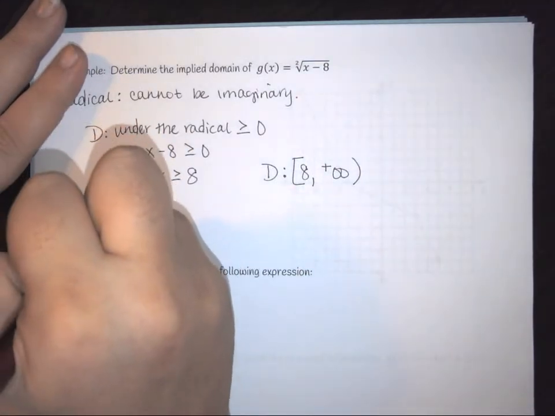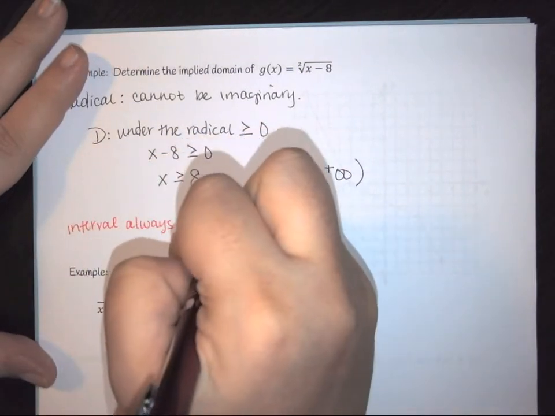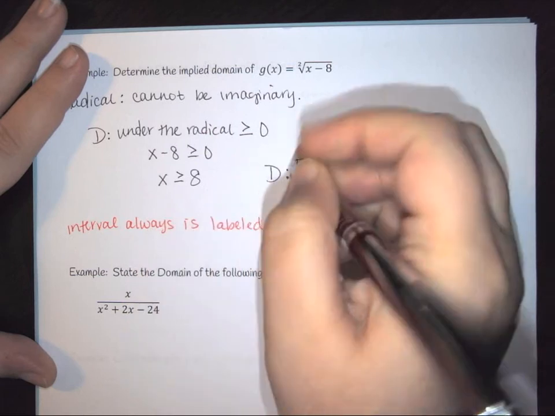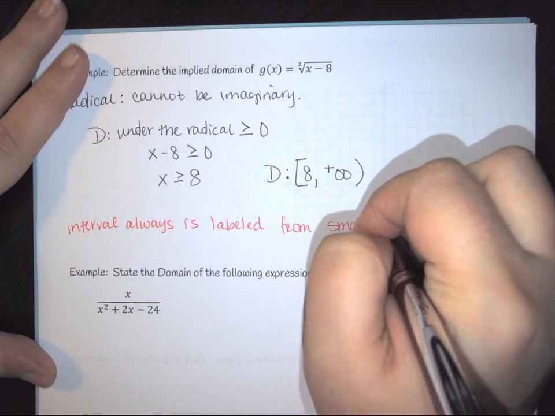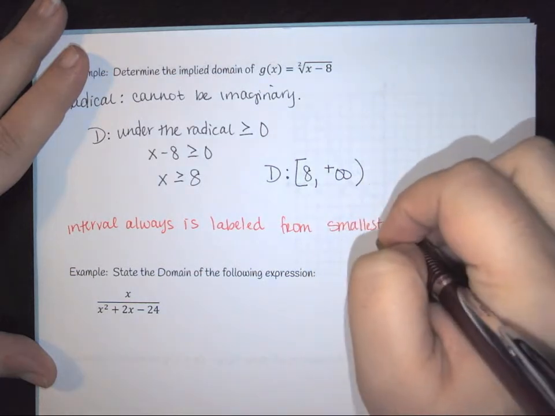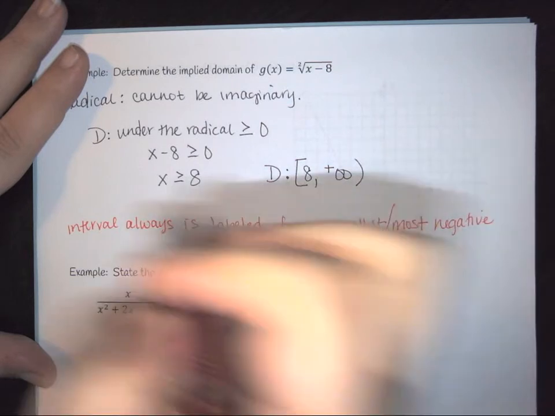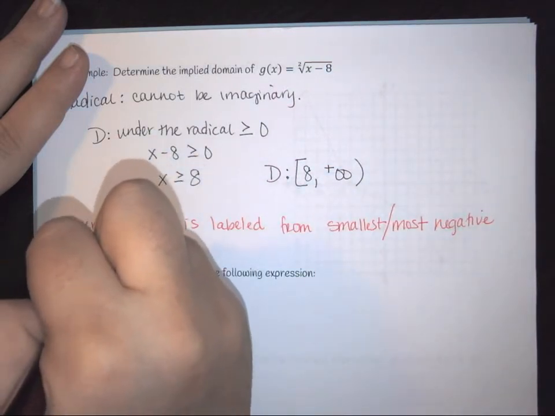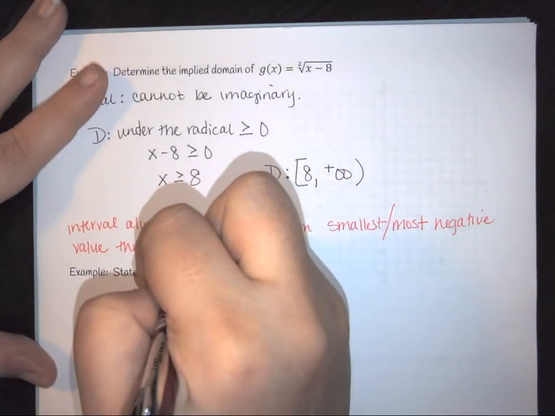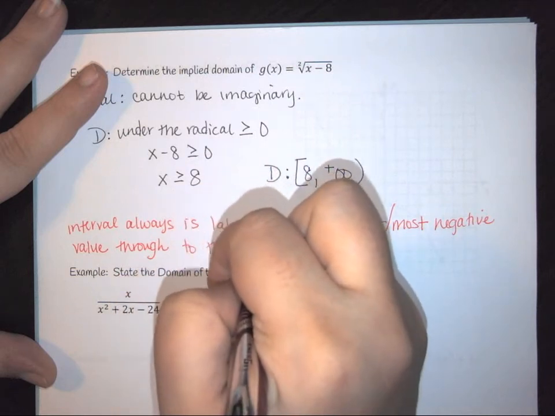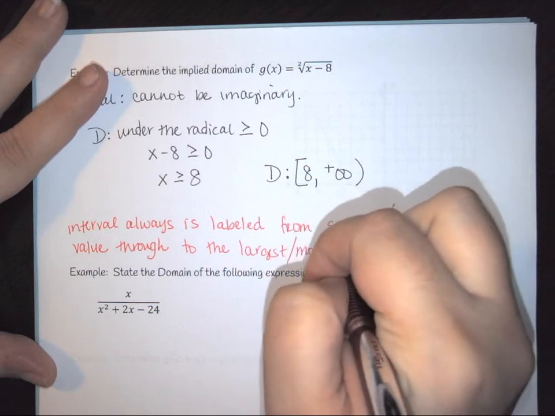So here we have to keep in mind that your interval is always labeled from the smallest or most negative through to the largest or most positive.